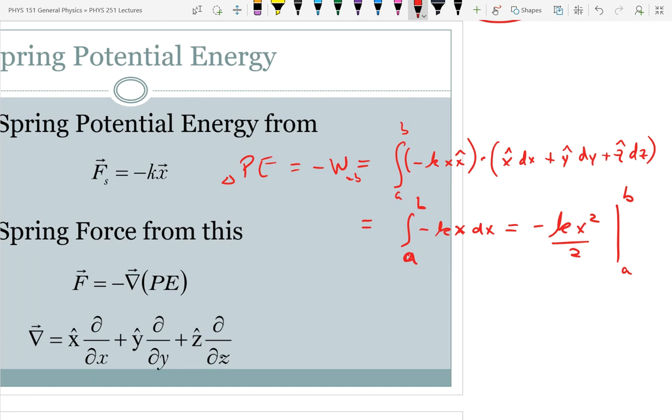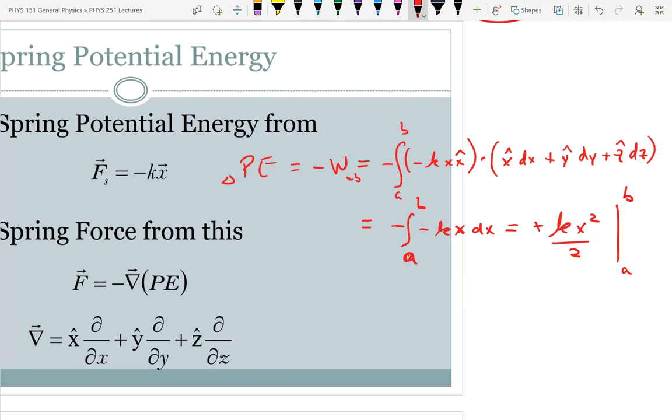Now that's equal to, oh, I forgot a minus sign. I put the minus sign here, but I did not put it there. Minus the change in potential energy is equal to minus the integral, and so minus a minus means it's a plus. The two minuses gave me the plus.